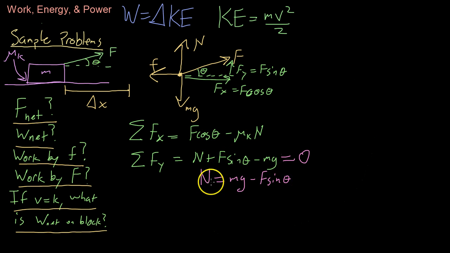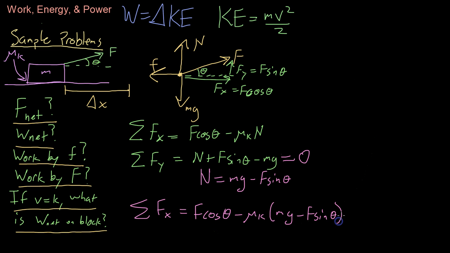We can then use that to substitute in and determine the net force in the x direction in which the block may be accelerating, to get a final expression for the net force as F cosine theta minus mu k times, basically the substitution right here, mg minus F sine theta.